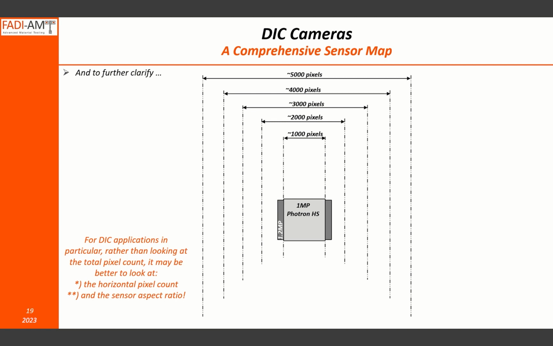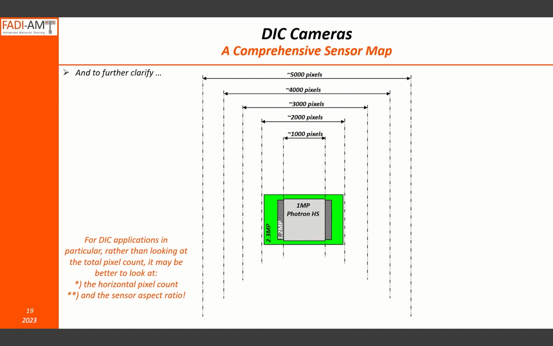And to give you perspective, if you're doing any high-speed testing and you're using Photron high-speed cameras, most of their cameras are still using the 1 megapixel Photron sensor, and they are fantastic cameras anyway, and you will get very good information with those cameras. So the 1.2 megapixel camera sensor is not bad.